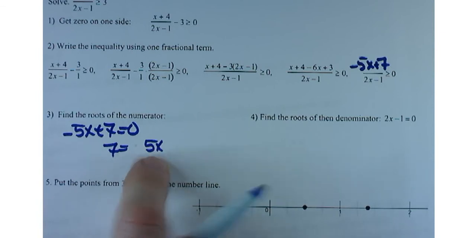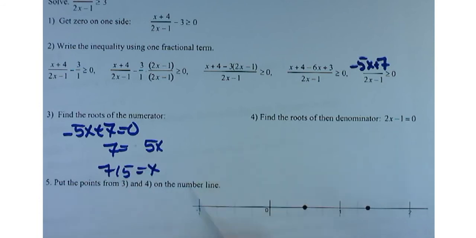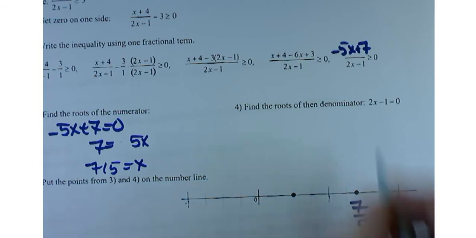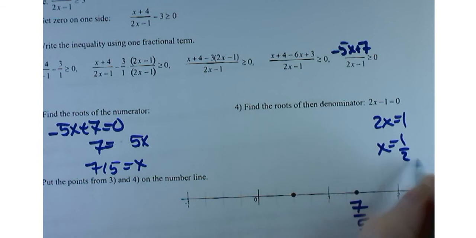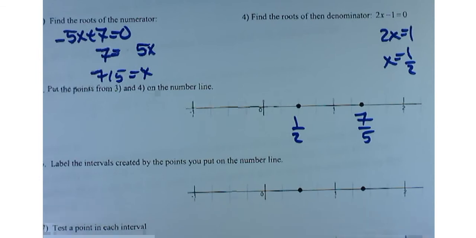It's just a little bit less messy. And then divide both sides by 5. So I get 7/5 as one of my possibilities. And the other one, 2x equals 1 or x equals 1/2. So those are the 2 points that I get by setting the numerator and denominator equal to 0.